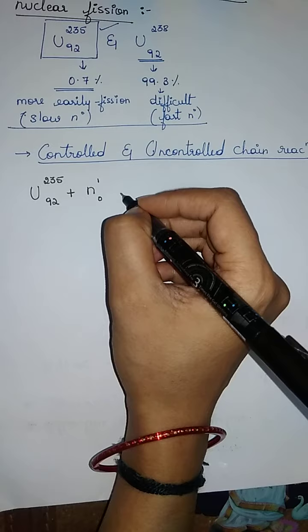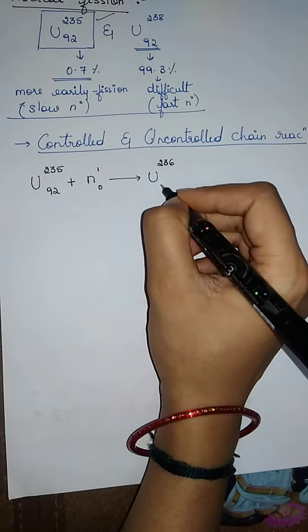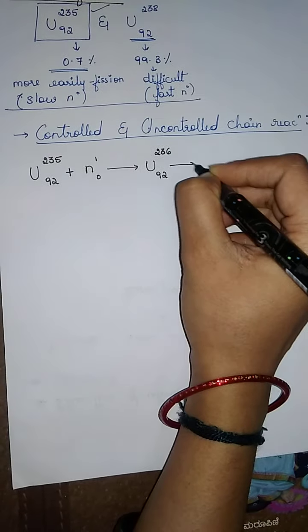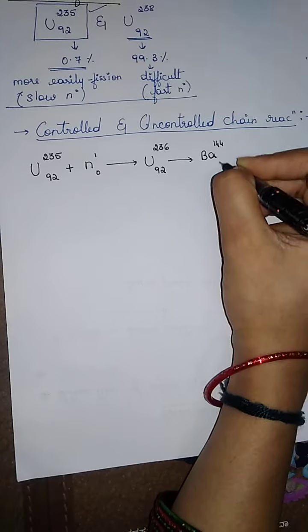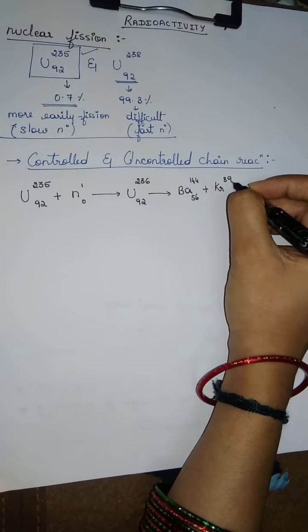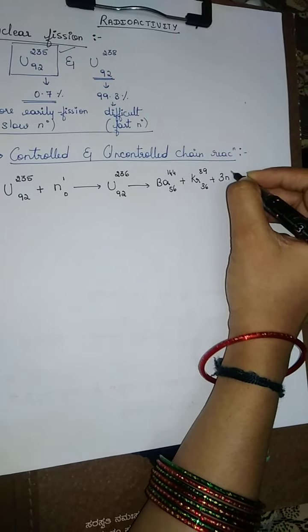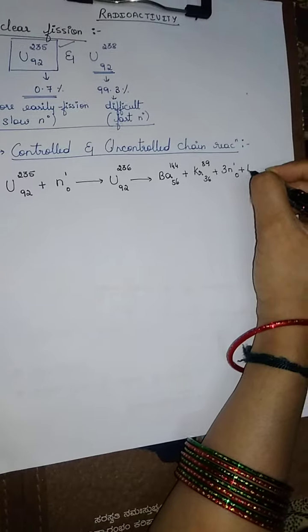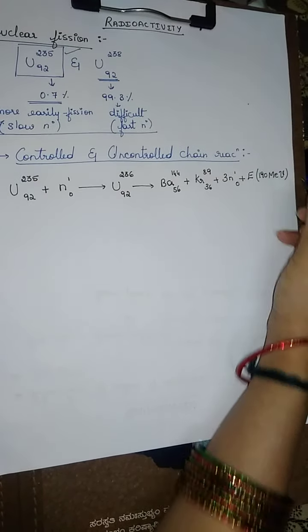It absorbs one neutron, becoming unstable uranium-236 (92). This splits into barium-144 (56) plus krypton-89 (36). Along with this, 3 neutrons are liberated and energy, that is 190 mega electron volt.